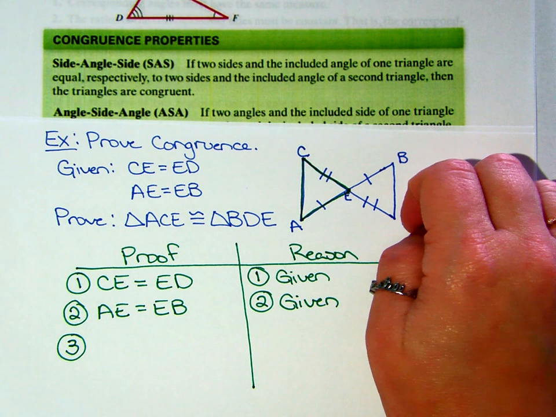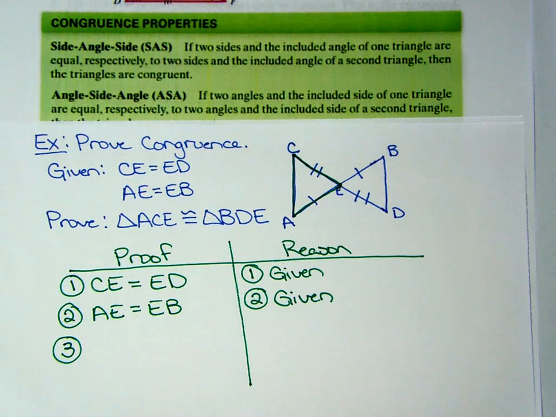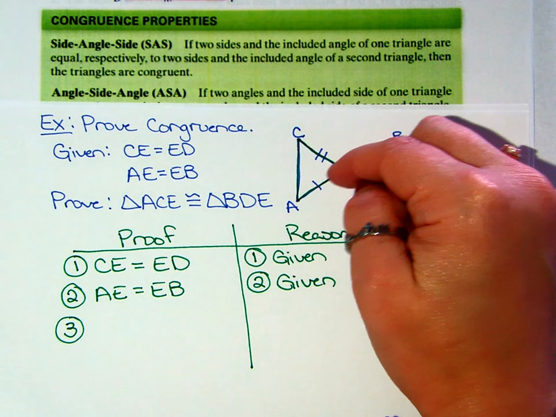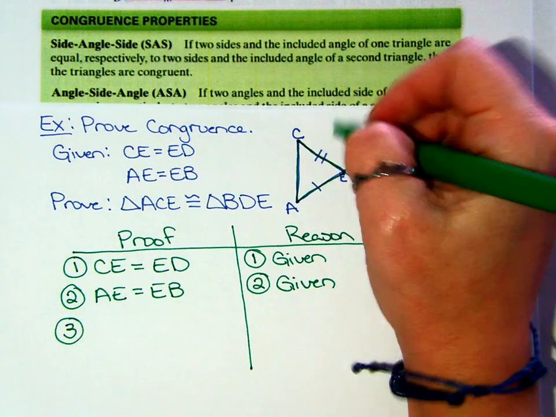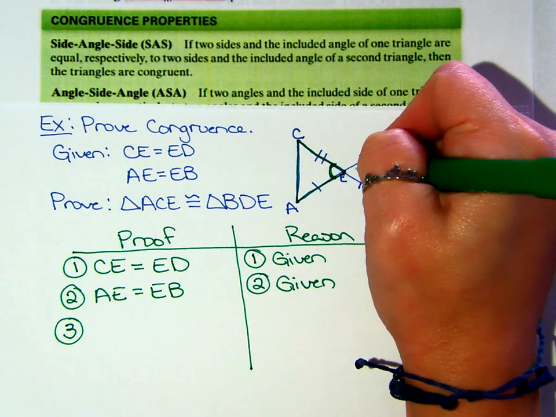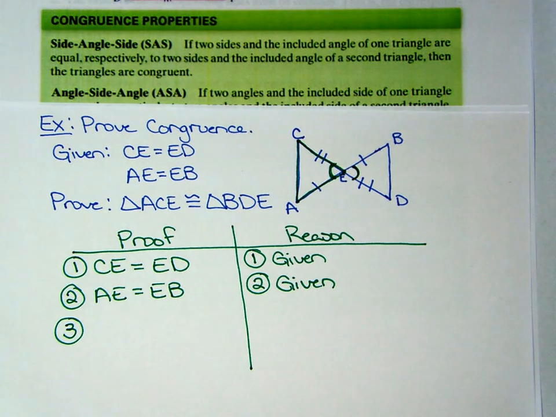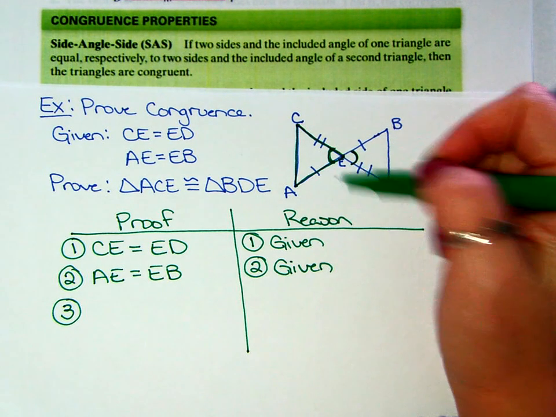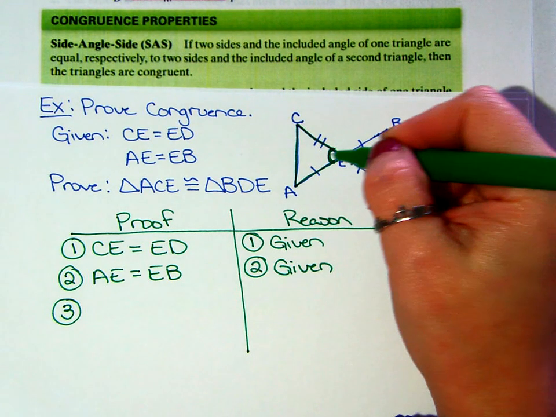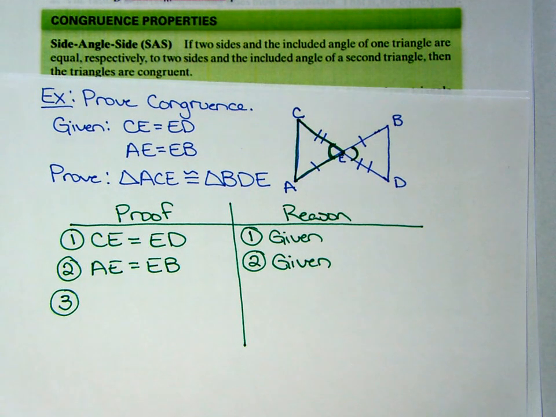So I need to be able to prove that the angle that lies between my sides, this angle in here, has the same measure on this side as it does over here. Because if I can do that, I will have side, angle, side. How can I prove that these 2 angles are the same? Line AB and line CE cross at one point.